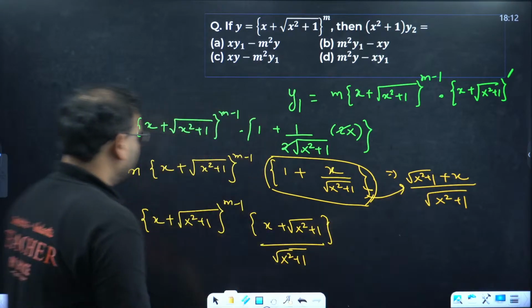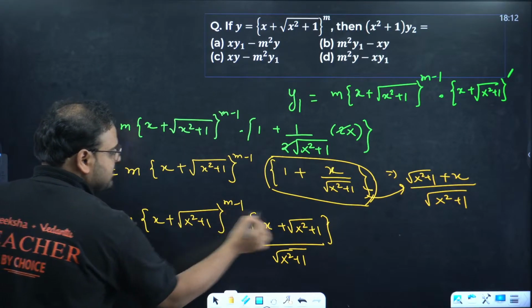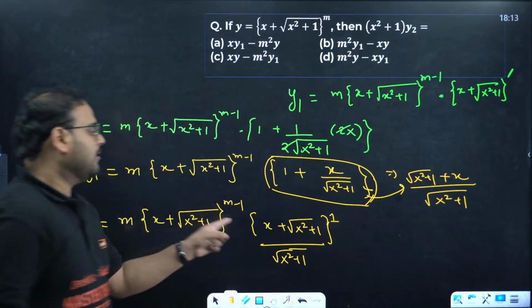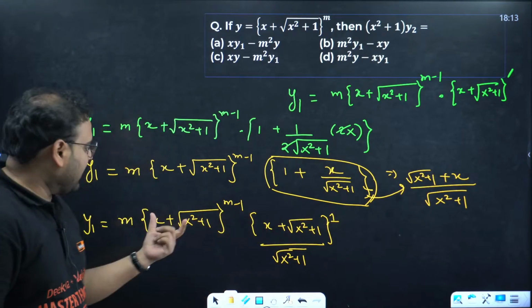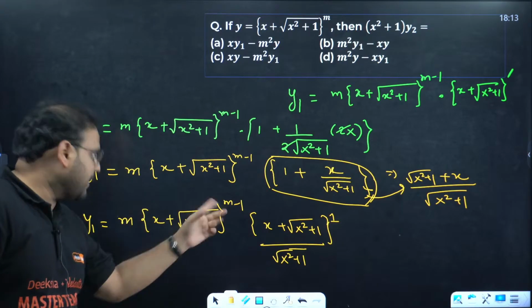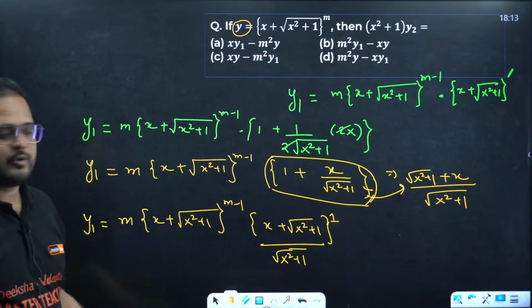From here, if you multiply these two, it'll become m minus 1 plus 1, because this power is 1. If you do that, you have to add the powers. So you're going to have this value to the power m, and that is what? y back. You get the y back.